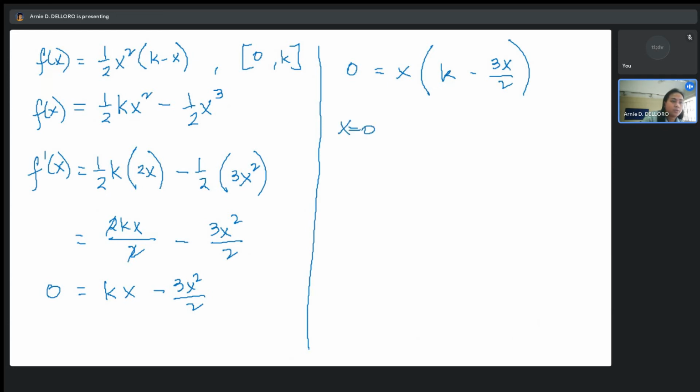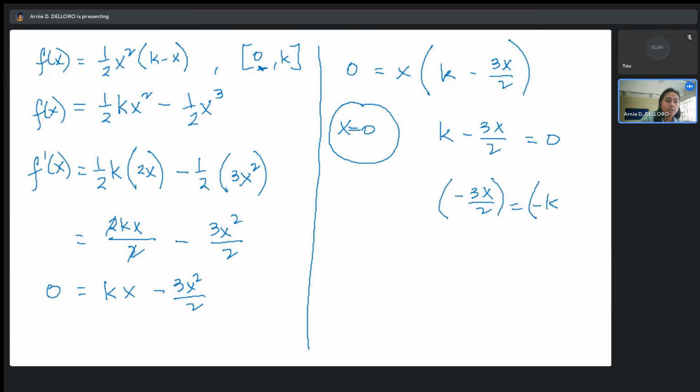So we have x equal to 0 and k minus 3x over 2 equal to 0. Ito, okay na to. Ito yan. Okay? So to solve this one, di ba yung k natin is a constant? So pwede nating ilipat. Okay? So we have negative 3x over 2 equal to negative k.